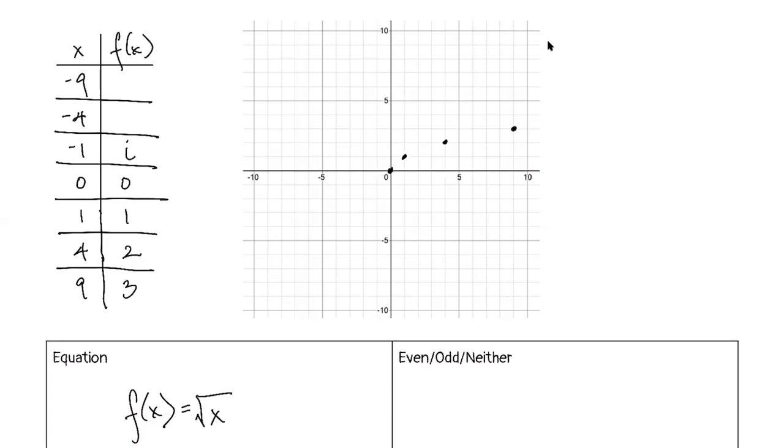What if I plug in -4? What's the square root of -4? Close. Good, yeah.